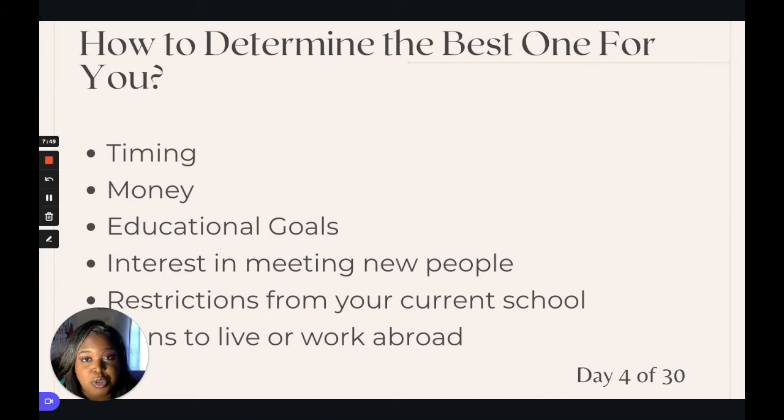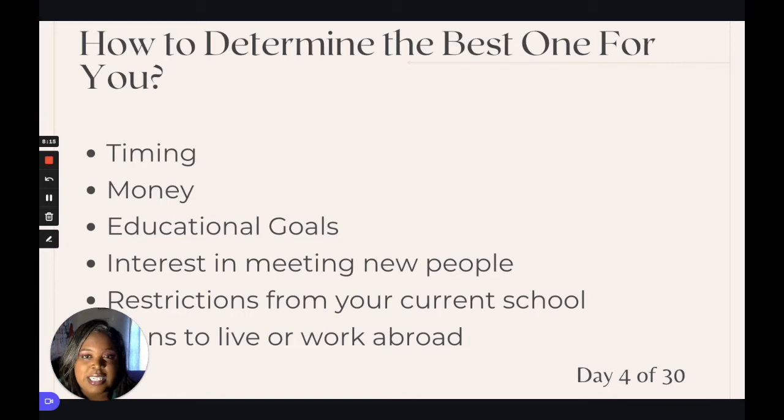Your educational goals are also going to play a role in this, thinking about how you want to go about meeting new people and building your network. Depending on what type of program you do, it could be completely different. If you're doing a faculty-led, institutionalized program, you have to keep in mind that you're going to be with students who you may, number one, already know, or number two, are from your school.